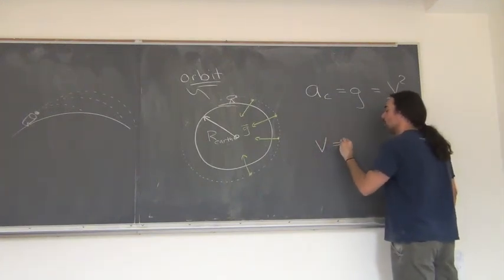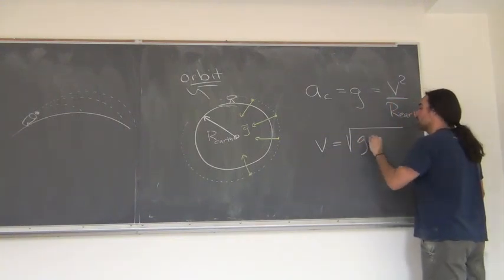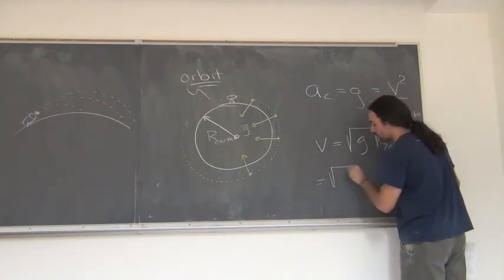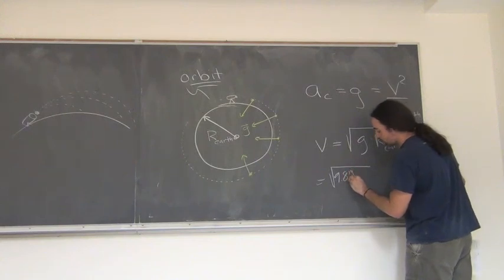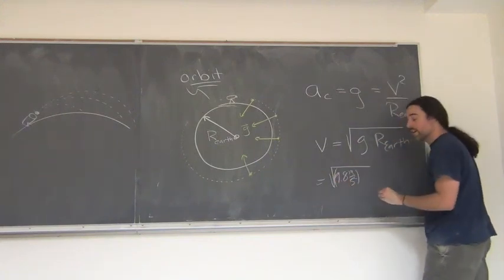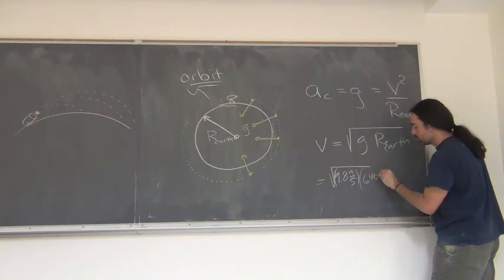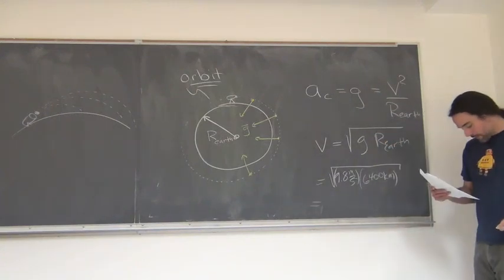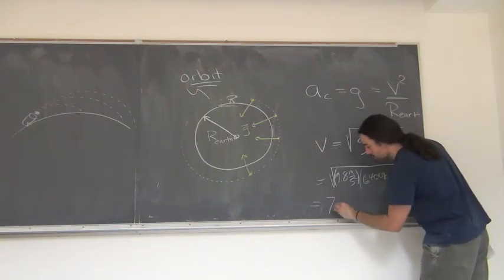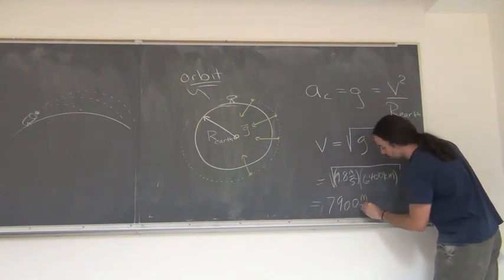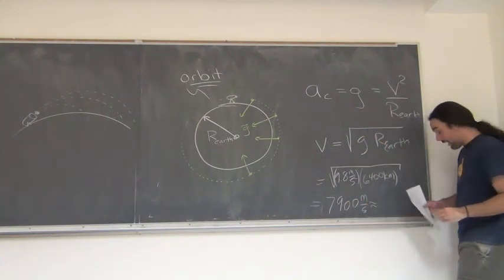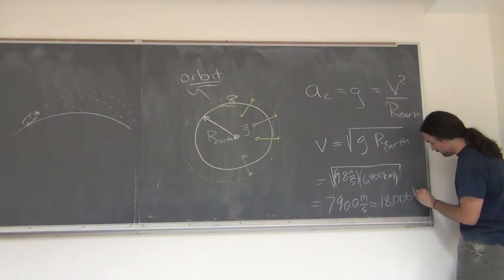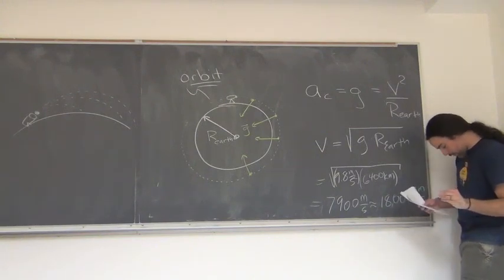We'll get that v is equal to the square root of g times the radius of the Earth, which is equal to the square root of 9.8 meters per second squared times the radius of the Earth, that's 6,400 kilometers, which will give you, assuming I did my math correctly, about 7,900 meters every second, or equivalently, about 18,000 miles per hour.